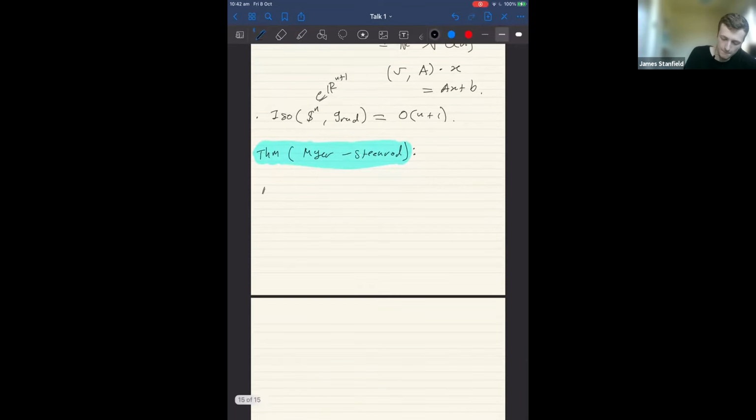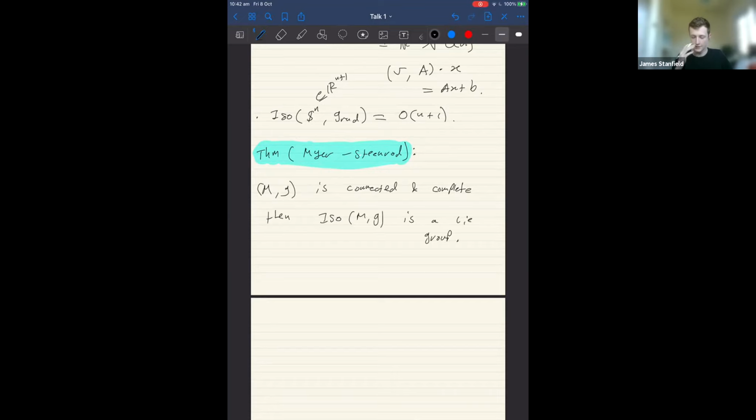So if (M, g) is connected and complete, so not too crazy assumptions, then the isometry group is a Lie group. Meaning not only does it have a group structure, it's also a finite dimensional smooth manifold with compatible group structure. Okay, and that opens up a lot of theory for us.